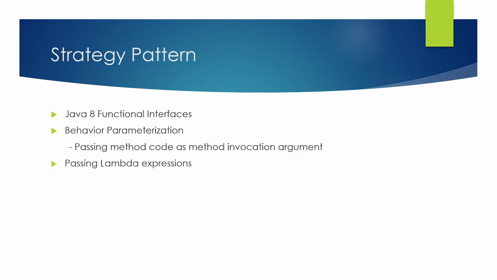Either we could express the code inline using a lambda expression, or we can use a concept known as method references, where we can pass code contained in a method as a parameter to another method invocation.